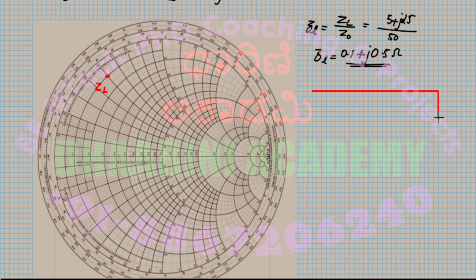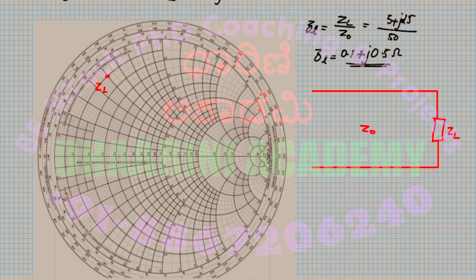This is how the transmission line looks. They have mentioned that there is a ZL here, which is given, and the Z0 of the line is given. Now we are moving from this point. I have to move 0.1 lambda away from this. So at that point, what is the impedance they are asking?